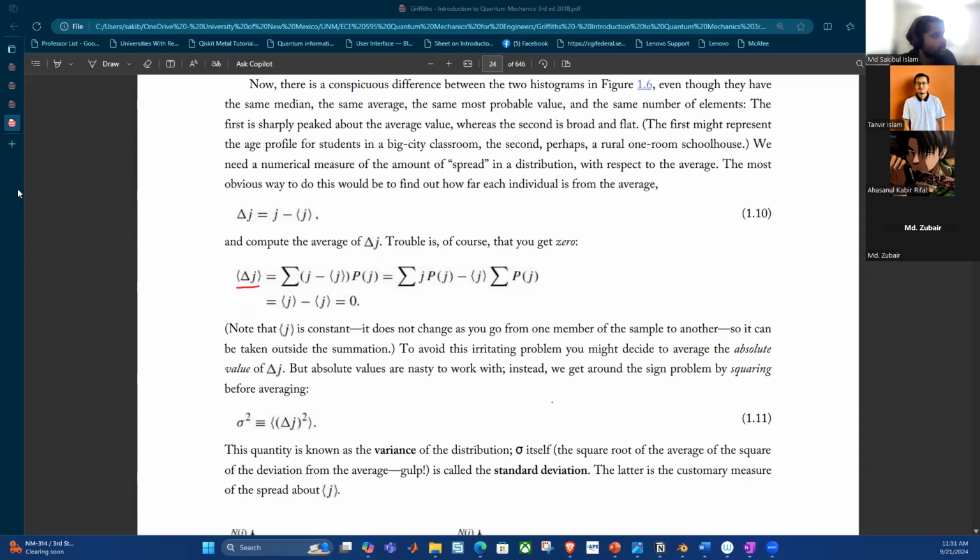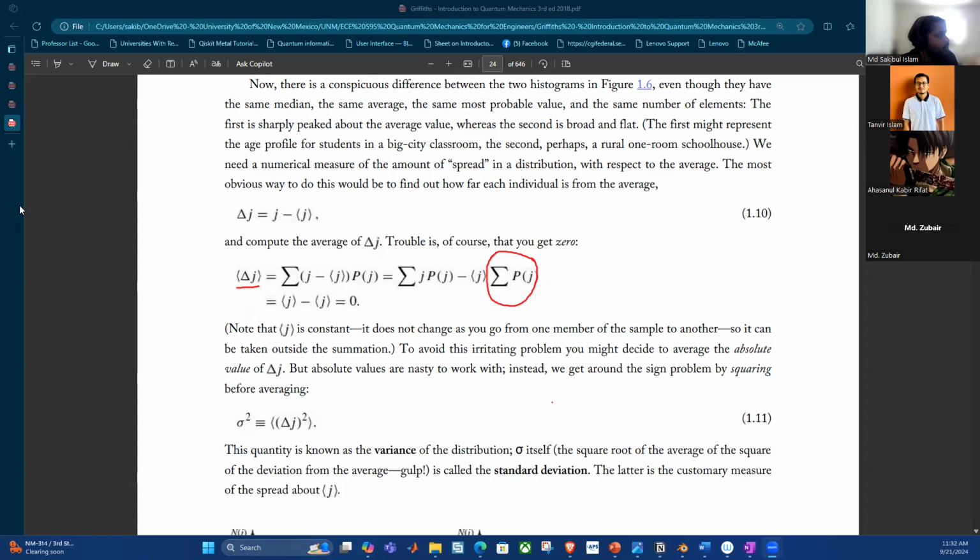Who can say what is the value of this? What is the value of the summation of probability? You can type in the chat or unmute yourself. Yes, that is 1, because the summation of probability of finding a value, if you do the summation for all of them, ends with 1.